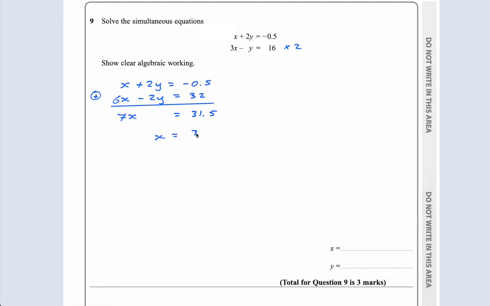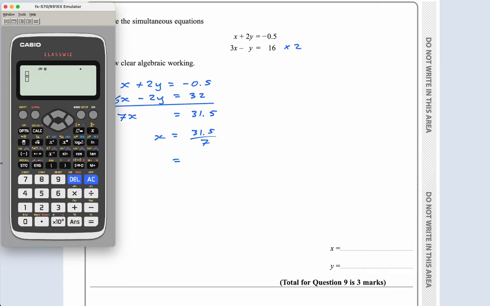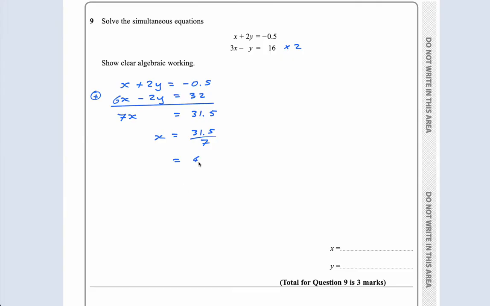X is then 31.5 over 7, which I think is 4.5. Let me make sure. 31.5 over 7 is 4.5, correct? 4.5. Once I have x, I'm going to sub x into one of these equations. I'll choose, it really doesn't matter, let's go with this one, into equation 1. So I'll write the equation.